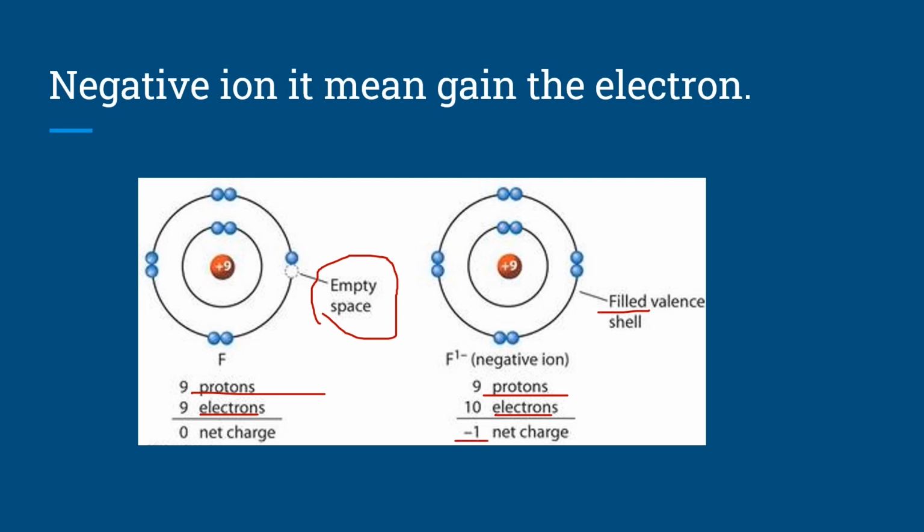So we say that F is neutral and F minus 1 is a negative ion. Hope you understand this, I think it's very easy. If you didn't understand, let me know.